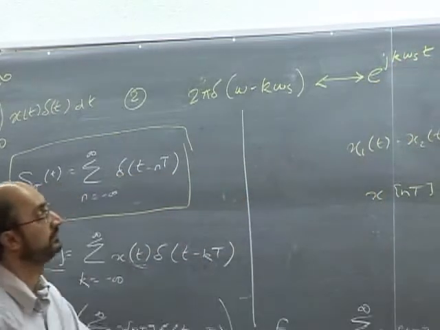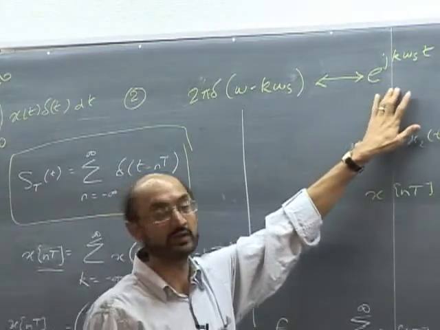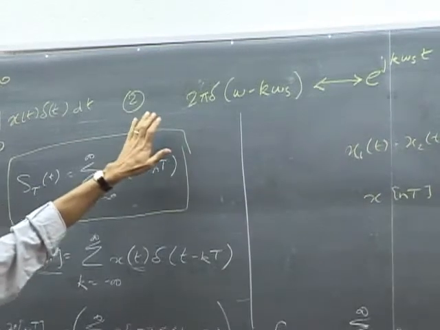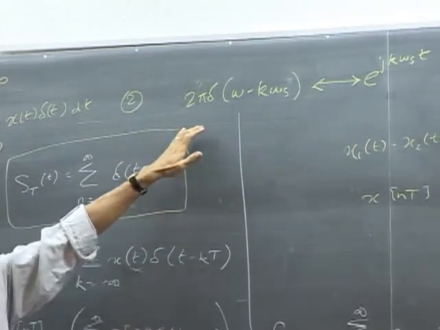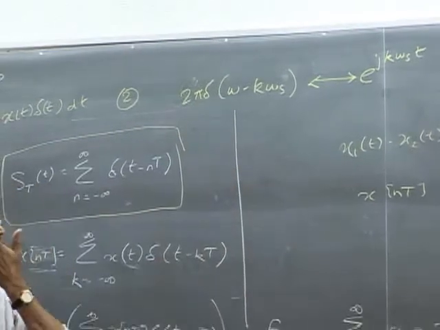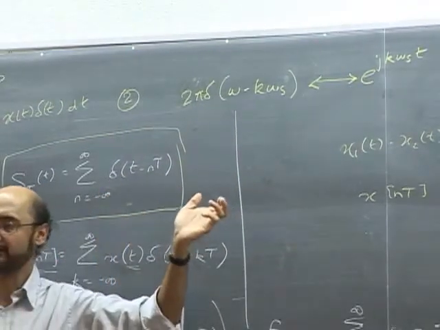So in the time domain, e to the jk omega_s t corresponds in the transform to 2 pi delta(omega minus k omega_s). That's a fact, and basically this is frequency shifting.